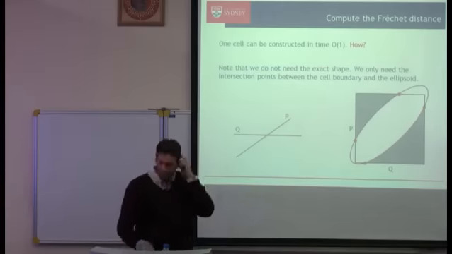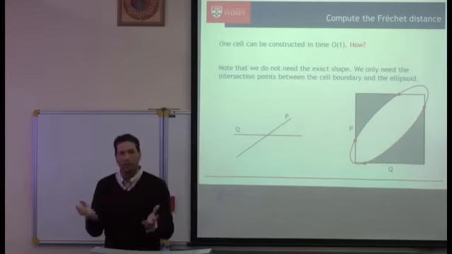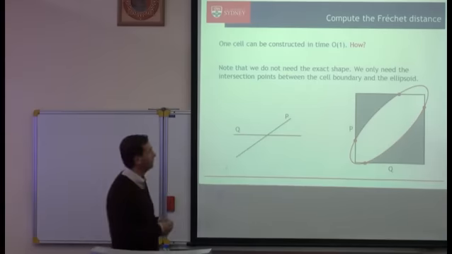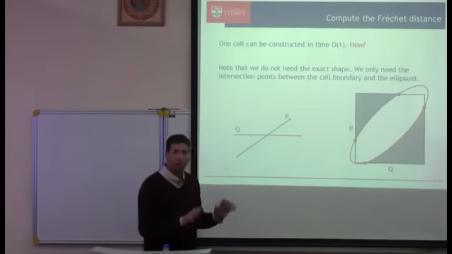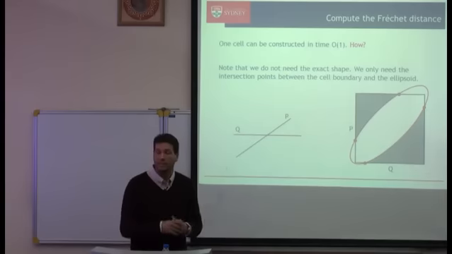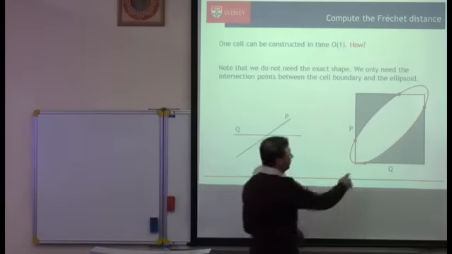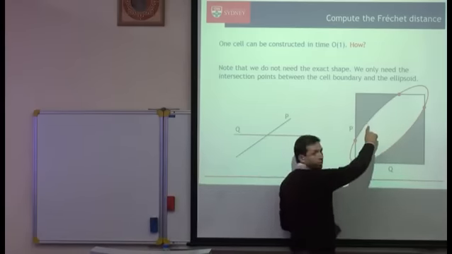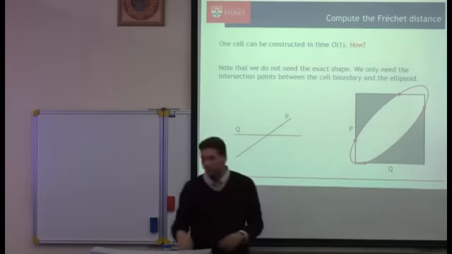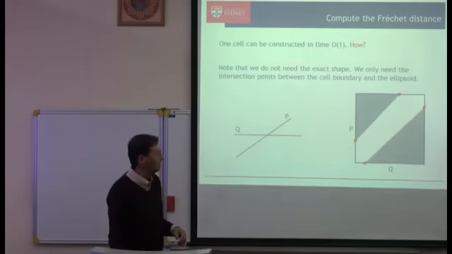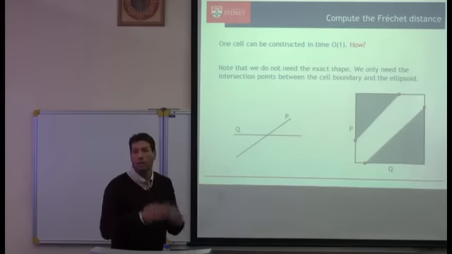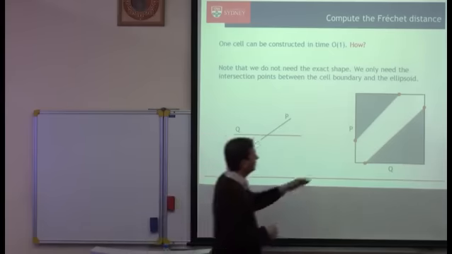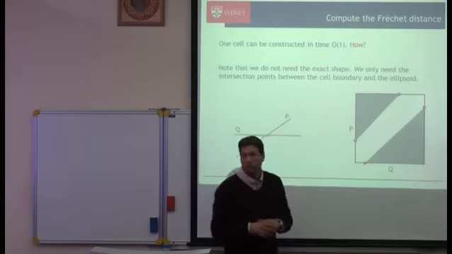Well, I said easily, but of course you have to actually have the function that defines the ellipsoid. But for our setting, we don't really need the exact convex shape. Because if I want to go from this point to this point, I don't really have to go into this area. So I can actually make it much easier. I can more or less cut off the convex regions and replace them with just straight line segments.